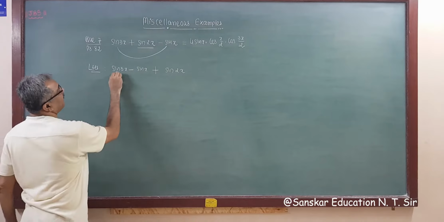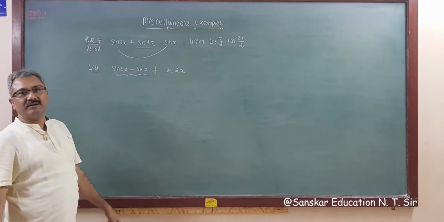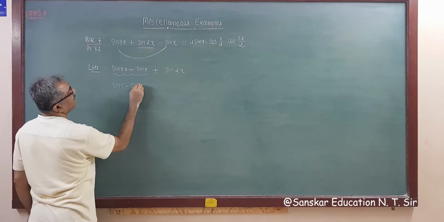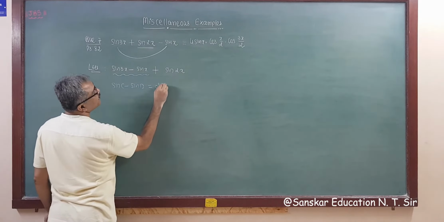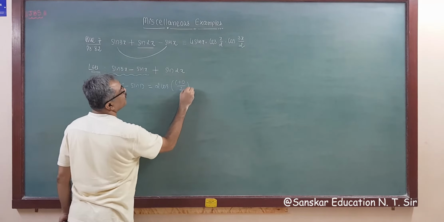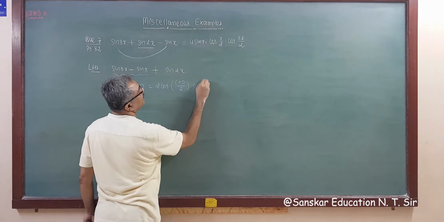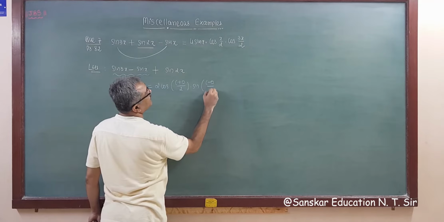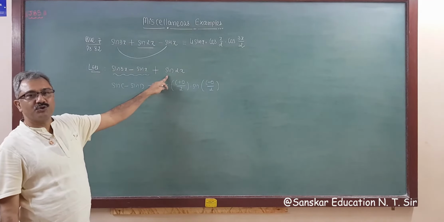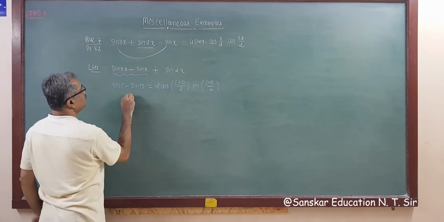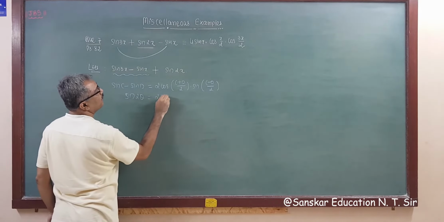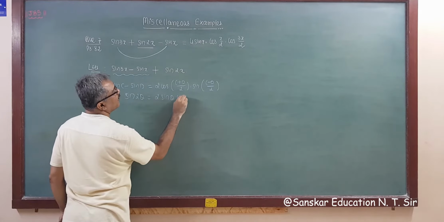Here applying the sin C minus sin D formula, sin C minus sin D is 2 cos((C+D)/2) sin((C-D)/2), and sin 2 theta is 2 sin theta cos theta.